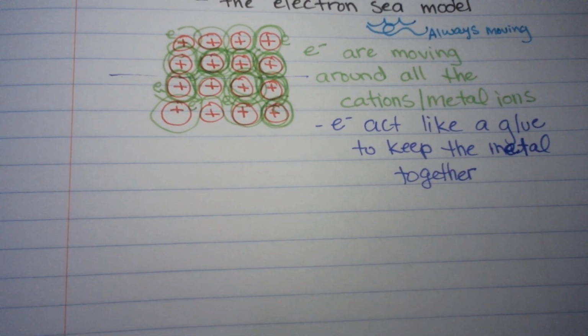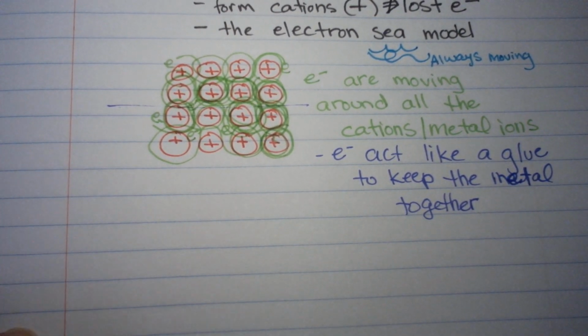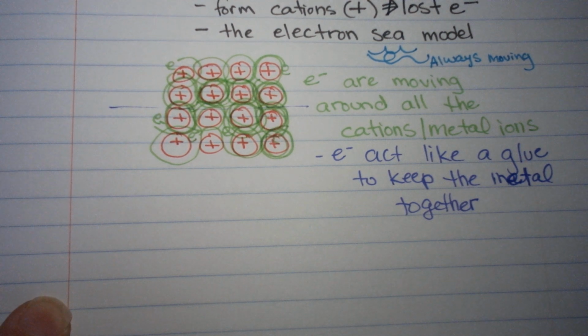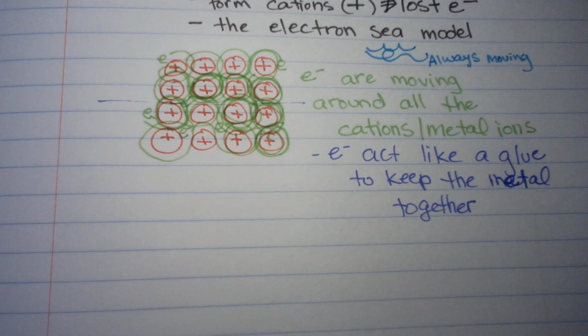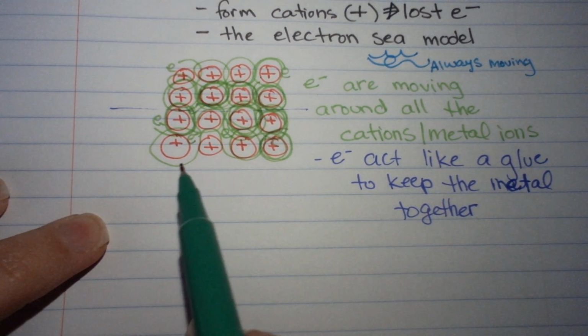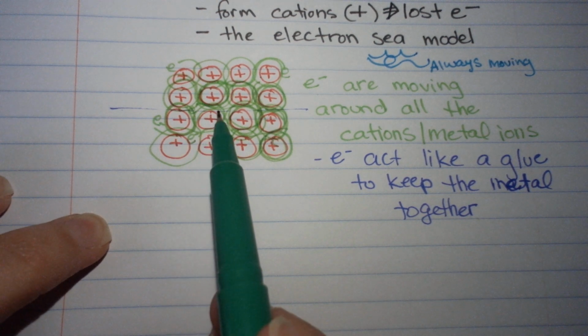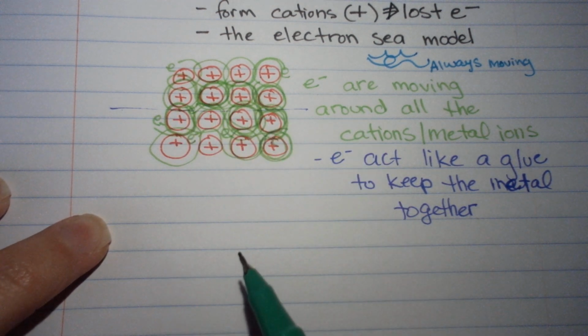We know that metals are a good conductor of electricity, right? Why are they a good conductor of electricity? Because the electrons are all moving everywhere.